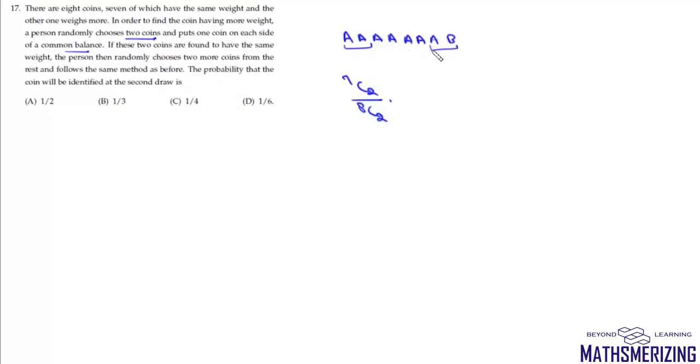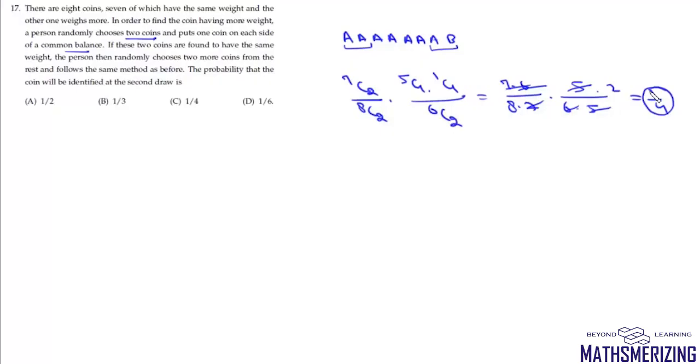So from these remaining 5, we'll select one, and then we'll get this as 1C1 divided by 2 from any remaining 6. So this is 7, 6 and it is 8, 7. This is 5 and this is 6, 5 into 2. So this 5 will cancel, 6 will cancel, 7 will also cancel. So this probability will be simply 1 by 4 and that's your option number C.